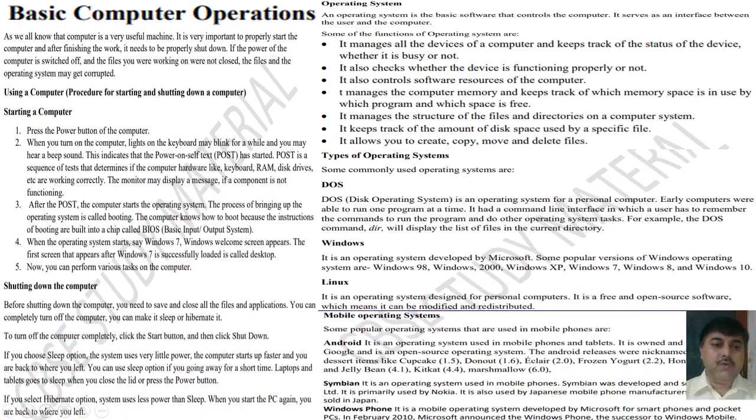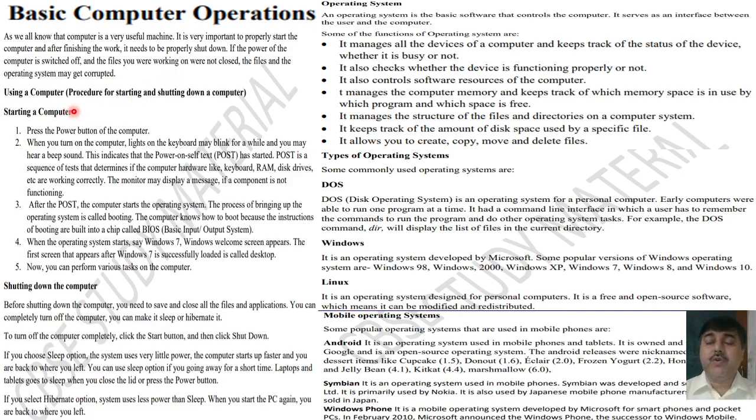Now we can find that there are different types of basic computer operations. We need to switch on the machine, and when the computer is switched off, we have to close the files, isn't it?